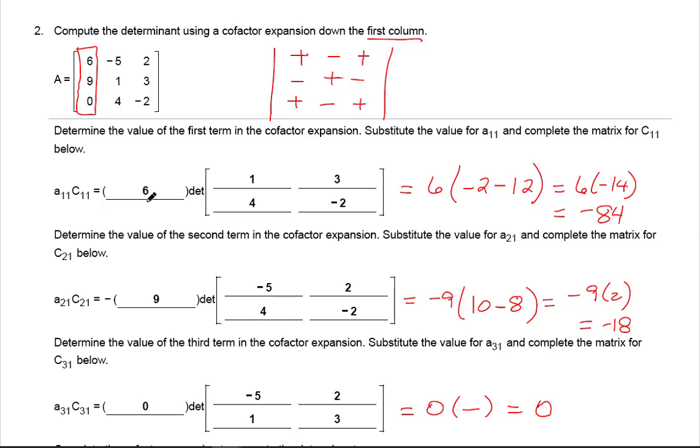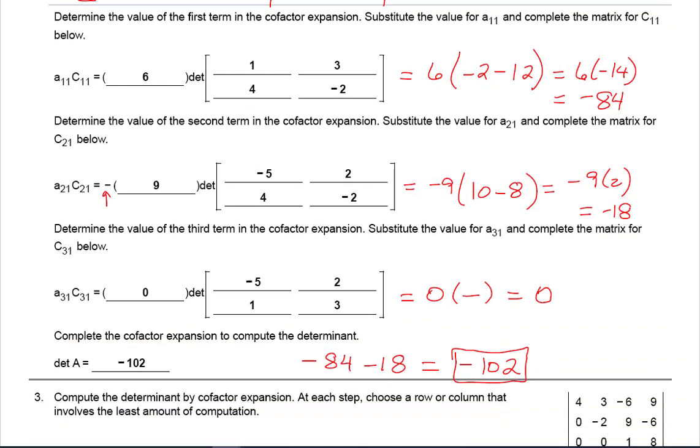So 6, minus 9, that's where the minus is hiding, and 0 for the last one, which is positive. To get the cofactors, simply cover up the particular column and row that it's in. And by doing this and simplifying, I get a determinant of minus 102.